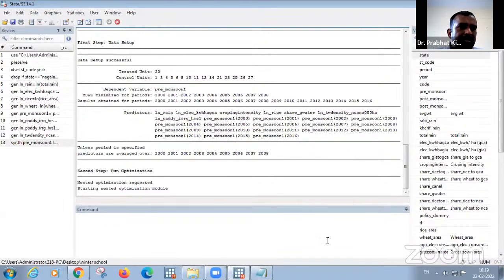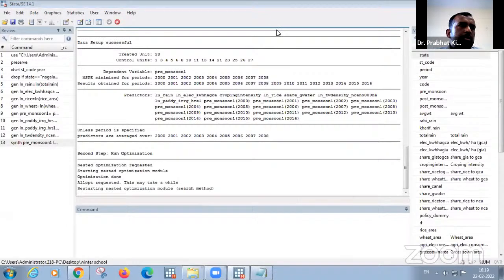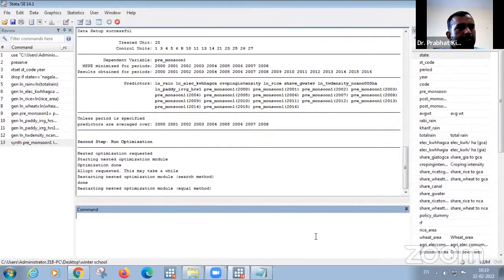It will take a minute, not more. The algorithm and the optimization goes on.